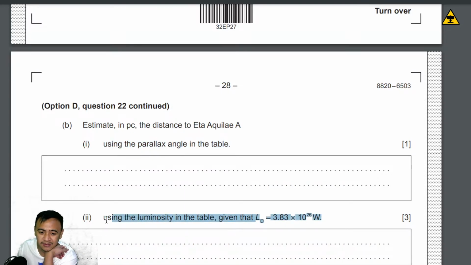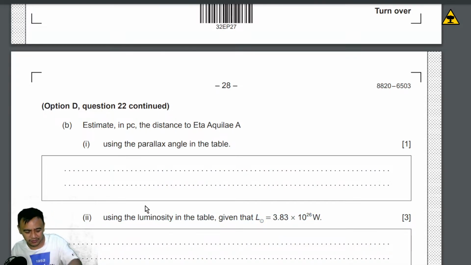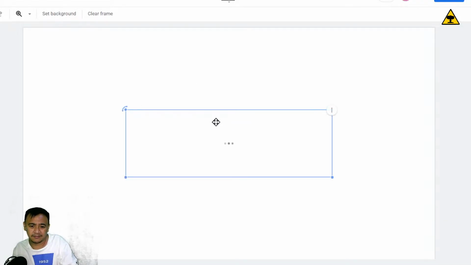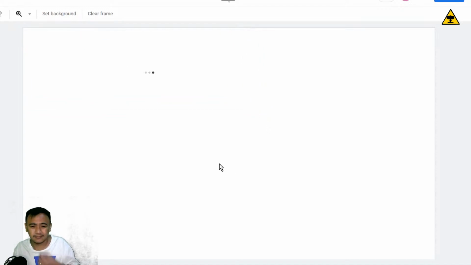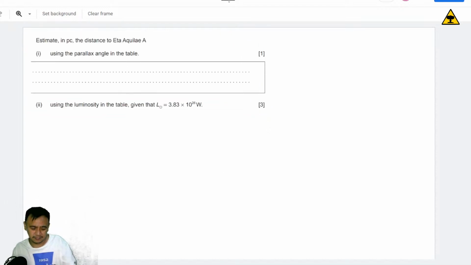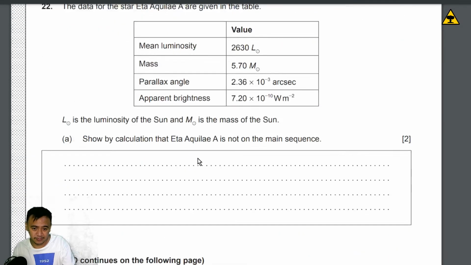So there are two things you need to calculate: the distance in parsecs in two methods. I think you'll need the data. I'll copy the data again.